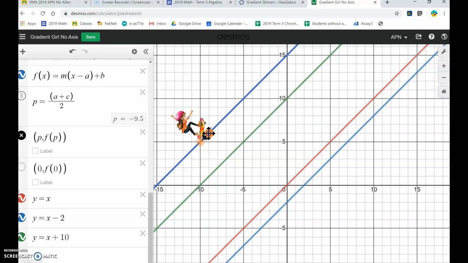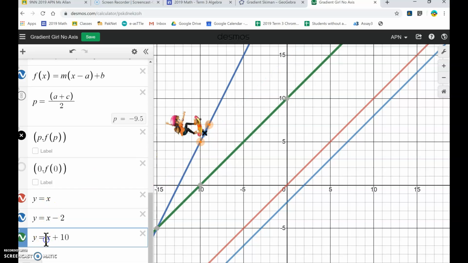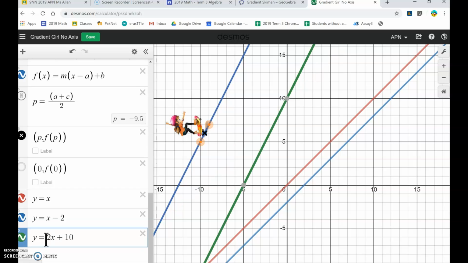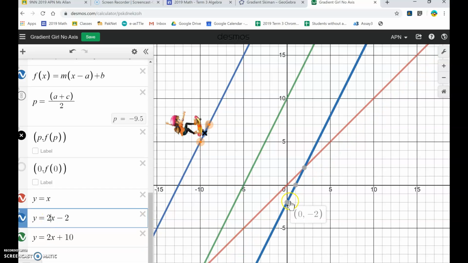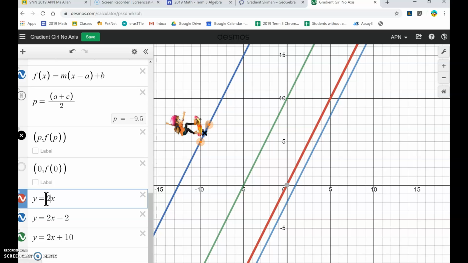Now let's have a look if the gradient was 2. To make this green line a gradient of 2, I put a 2 in front of the x. The y-intercept stayed the same. To make the blue graph a gradient of 2, I put a 2 in front of the x. Again, the y-intercept is still negative 2. And for the red one, a 2 in front of the x.